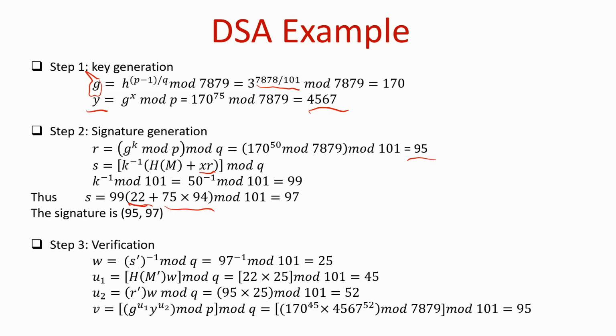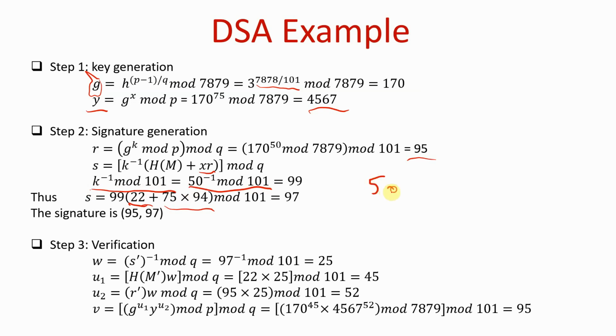So what remains now is to be able to calculate K to the power of minus 1, or the multiplicative inverse of K mod Q, which is 50 to the power of minus 1 mod 101. What does this mean?